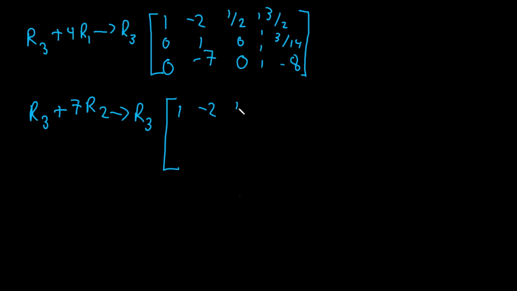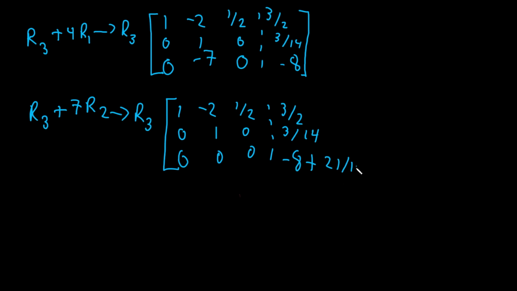So 1, -2, 1 over 2, and 3 over 2 stay the same. This row stays the same. Here we have what we're looking for: 0 plus 0 is 0, -7 plus 7 is 0, this stays at 0, and here's what's important. We're going to get -8 plus 21 over 14.